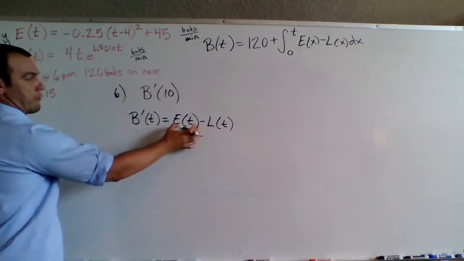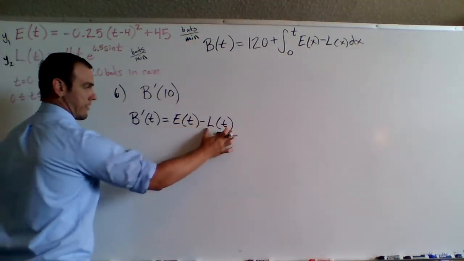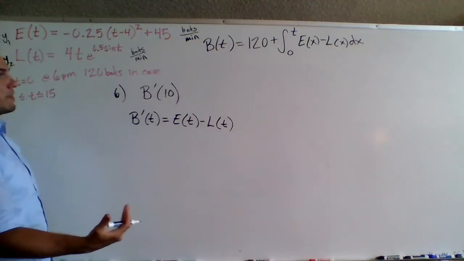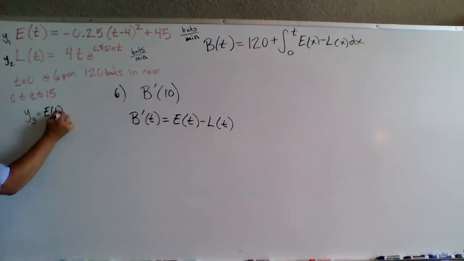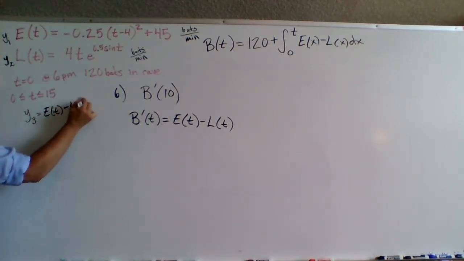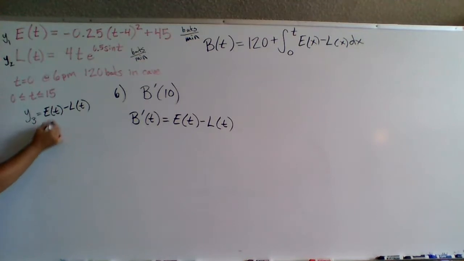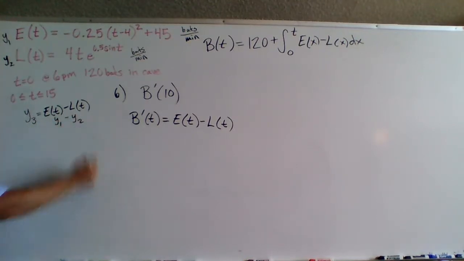Okay, so understand that was really just y1 minus y2. So maybe in your calculator you want to say y3 equals e of t minus L of t. Just something to keep in mind there, which is y1 minus y2.